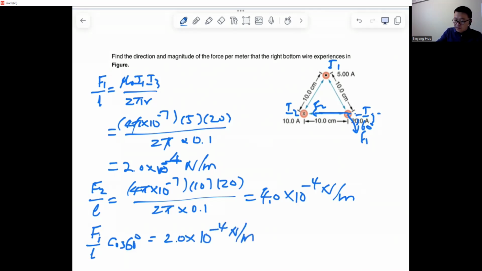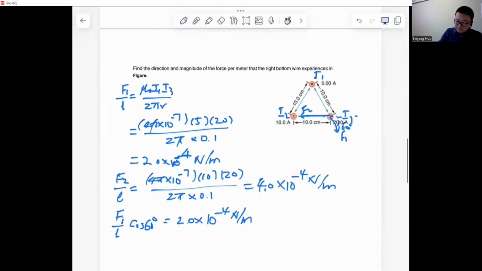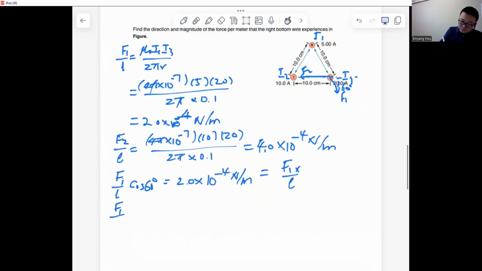And this is the F1x over L. F1 over L times sine of 60, but it should be minus because it's pointing downward.